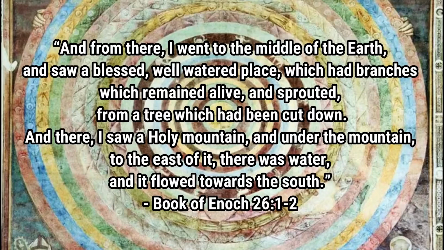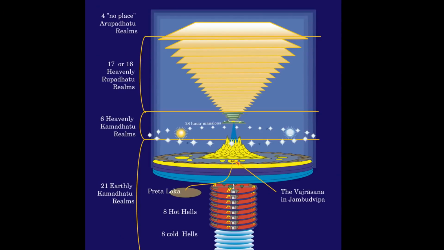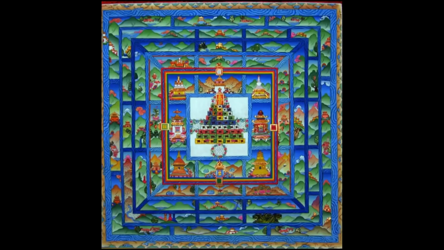And there I saw a holy mountain, and under the mountain, to the east of it, there was water, and it flowed towards the south. All cultures have their own versions of this central axis, Mount Meru, or what the Bible refers to as the tree of life. Heaven's altar right here on earth.